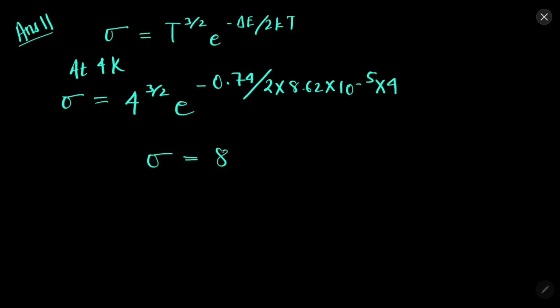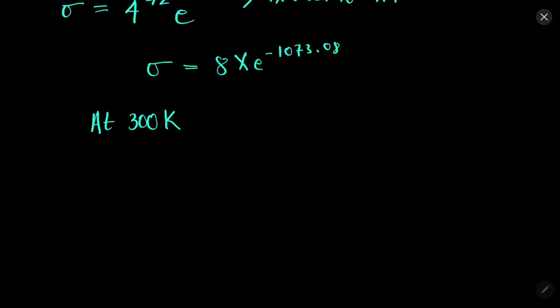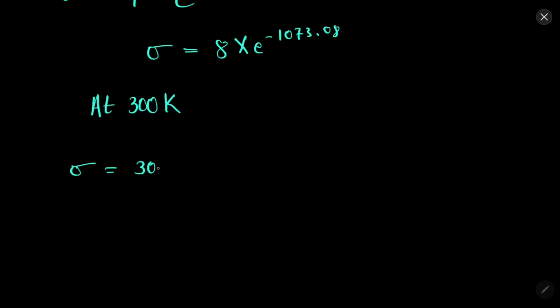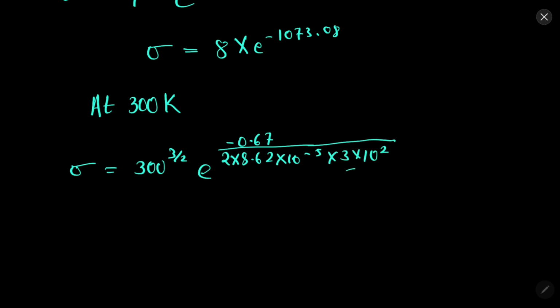So it will be 8 into e to the power minus 1073.08, and at 300 Kelvin sigma will be 3 by 2 e to the power minus 0.67 over 2 into 8.62 into 10 to the power minus 5 into 3 into 10 to the power 2, 300. Okay, so from here sigma comes out to be 3 into 1730 over 8 e to the power minus 12.95.